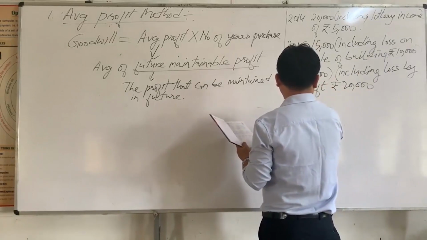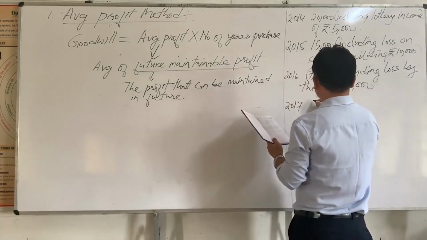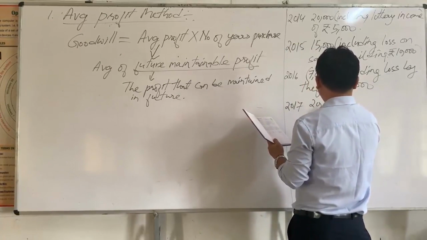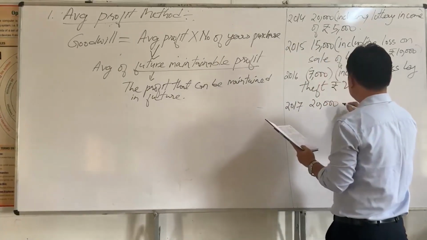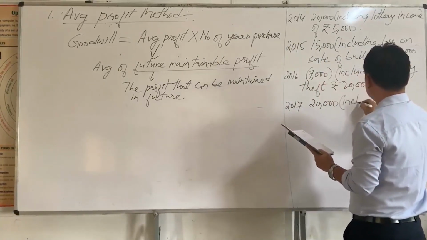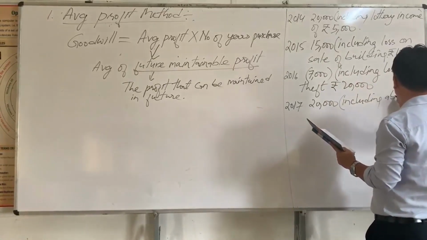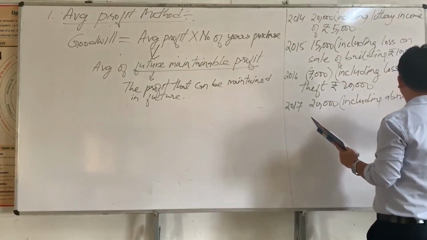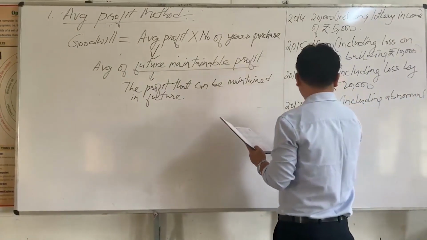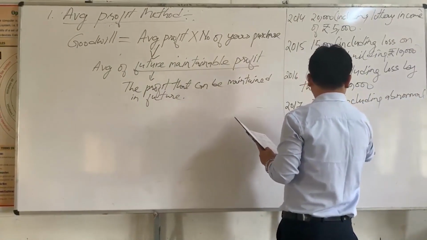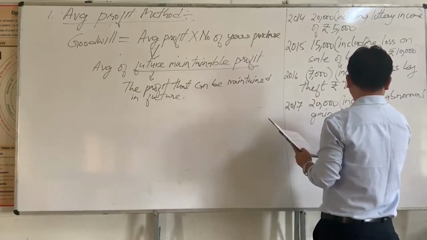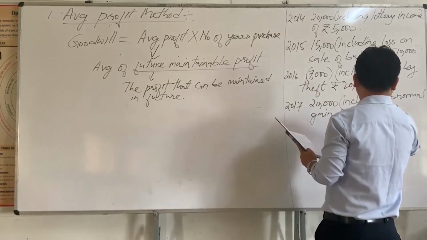In 2017, the firm earned a profit of rupees 20,000, including abnormal gain of rupees 13,000.